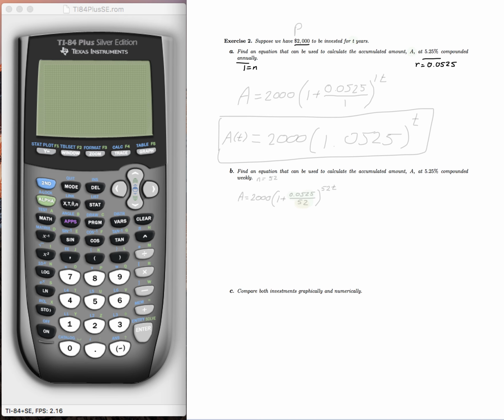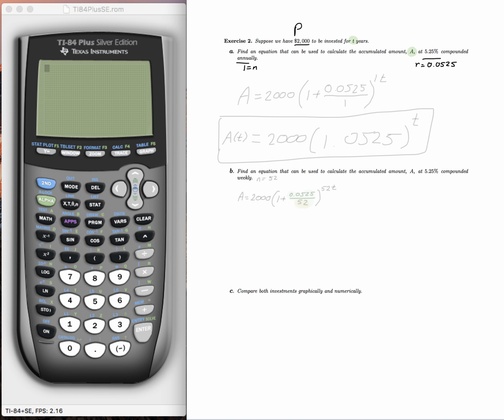So that's our principal, P equals 2,000. So there are two unknowns in this case. We're actually talking about T and A being unknown. We want to find an equation that could calculate the accumulated amount. Another way of saying that is we're looking for the model for this situation.